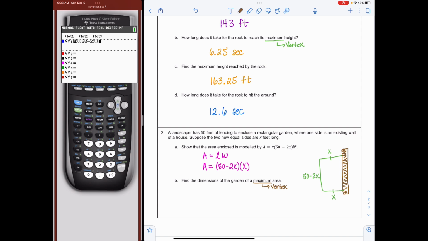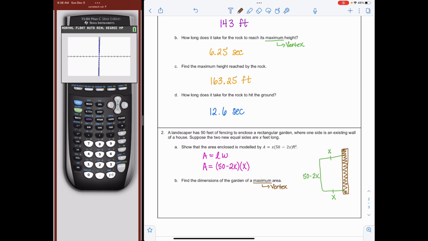You type it into y1, and because we've already adjusted our graph window, I'm going to press zoom 6 for zoom standard just to see things a little more clearly.